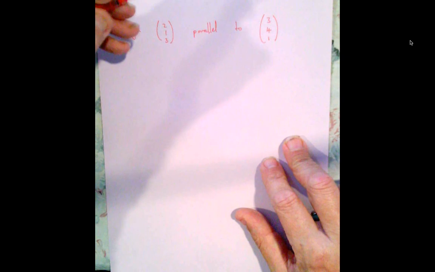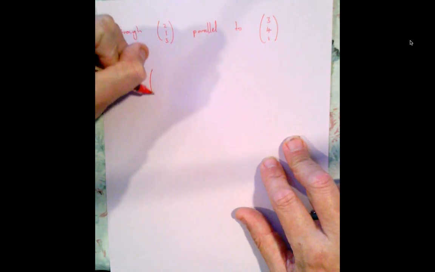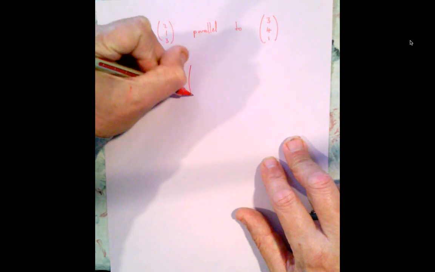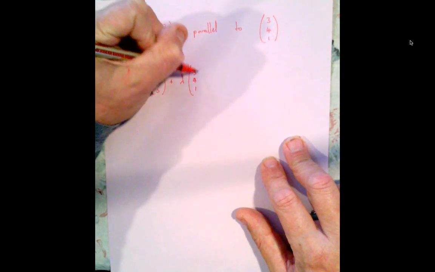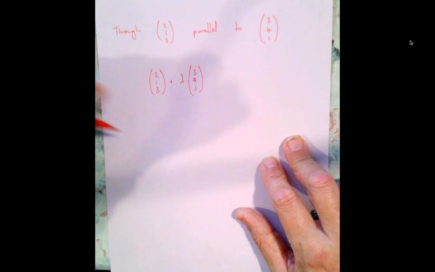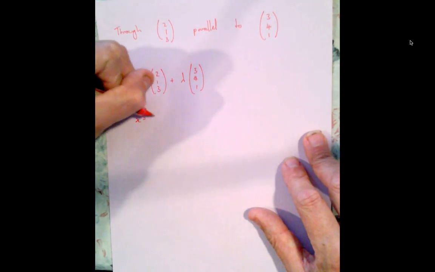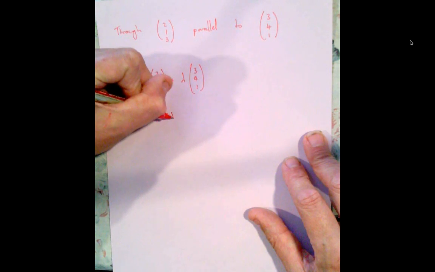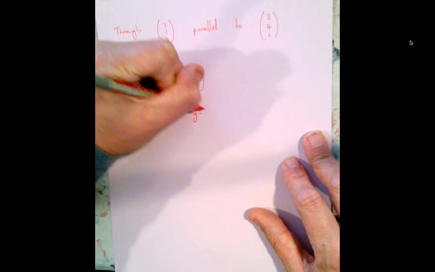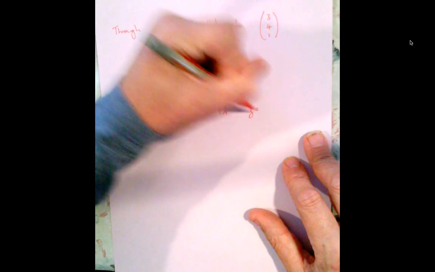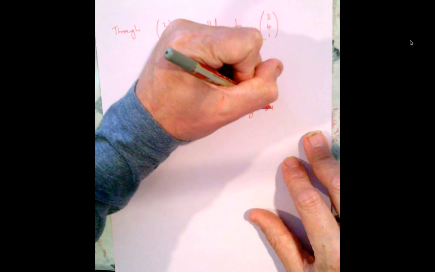So here's our starting point: (2, 1, 3) plus lambda outside of our (3, 4, 1). And then it's just a matter of working out what x is. X in this case is 2 plus 3 lambda. Y is 1 plus 4 lambda. And z is 3 plus lambda.